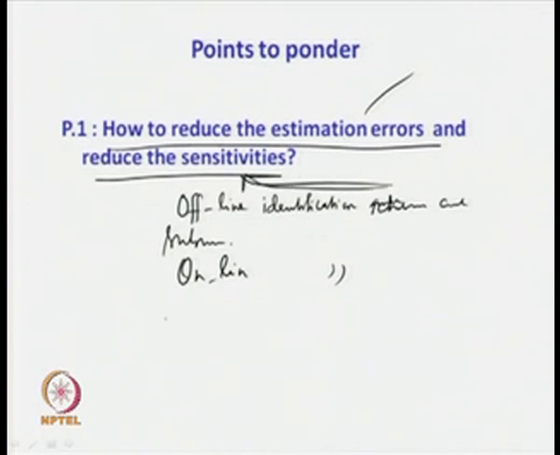Further, if you use perfect sensors or accurate sensors, you can also reduce the estimation errors and the sensitivities associated with estimation of the parameters of a transfer function model. That is all.